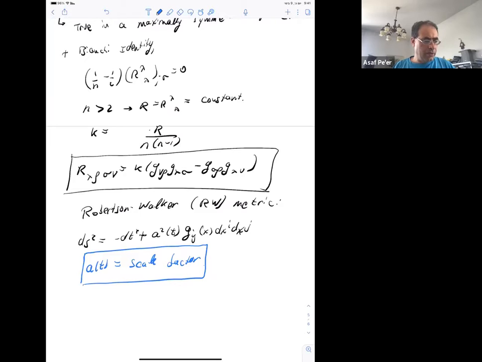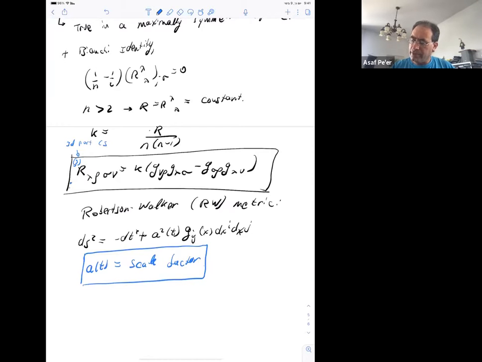Right? And then, okay, we use the results that we derived here for the three-dimensional part, for the spatial part. So we call it R3. That's for the 3D spatial part. And we use the i and j to describe the spatial part.